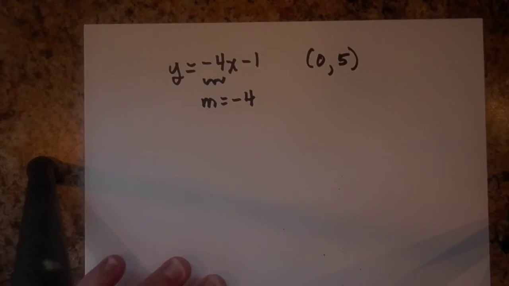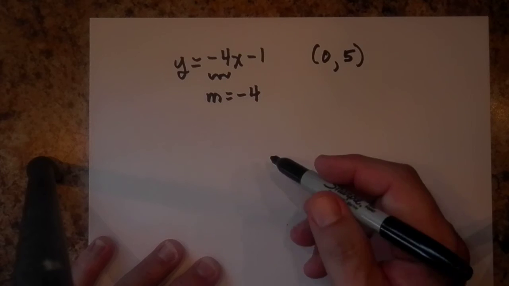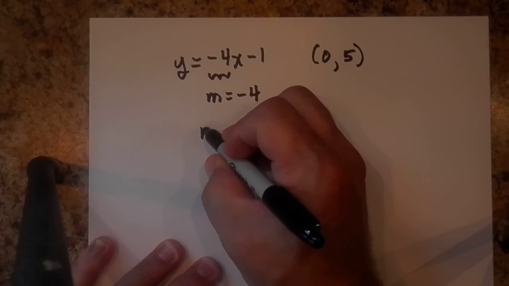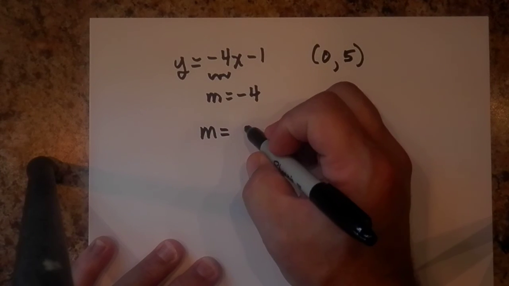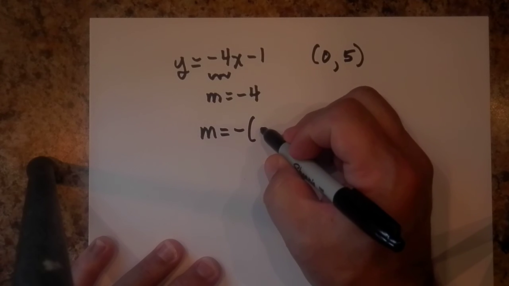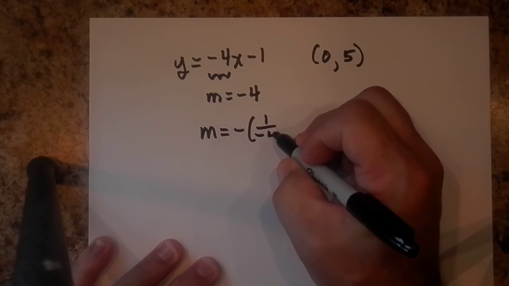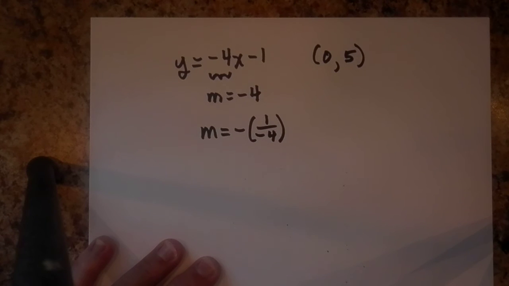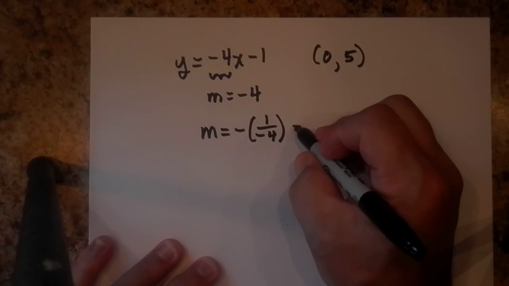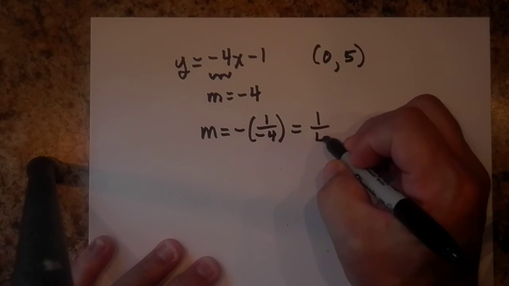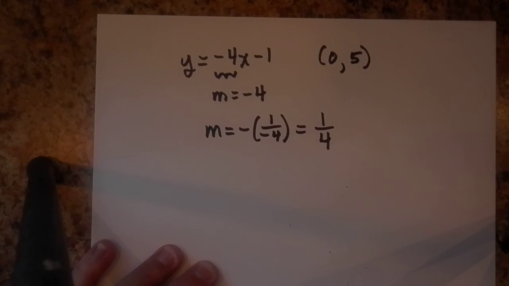I don't want the equation of a parallel line in this example. I want the equation of a perpendicular line. So the perpendicular line has to be the negative reciprocal. So the two negatives make a positive. The slope I want to use is 1/4.